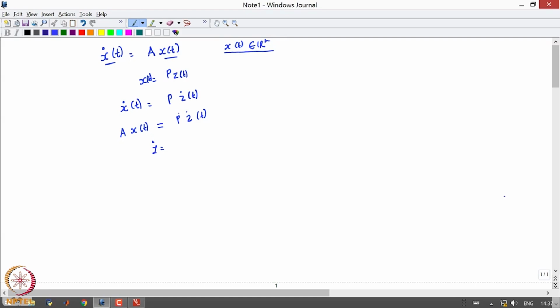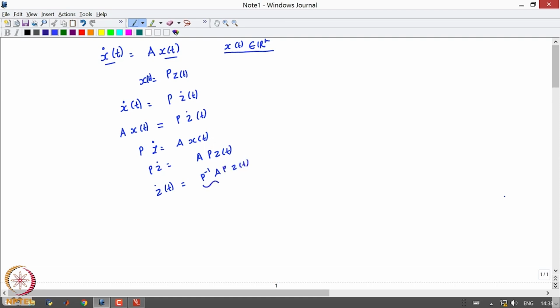So, P times z dot is A x, and what is x in terms of P? I will get A P z of t, or in other words, z dot of t is P inverse A P z of t.